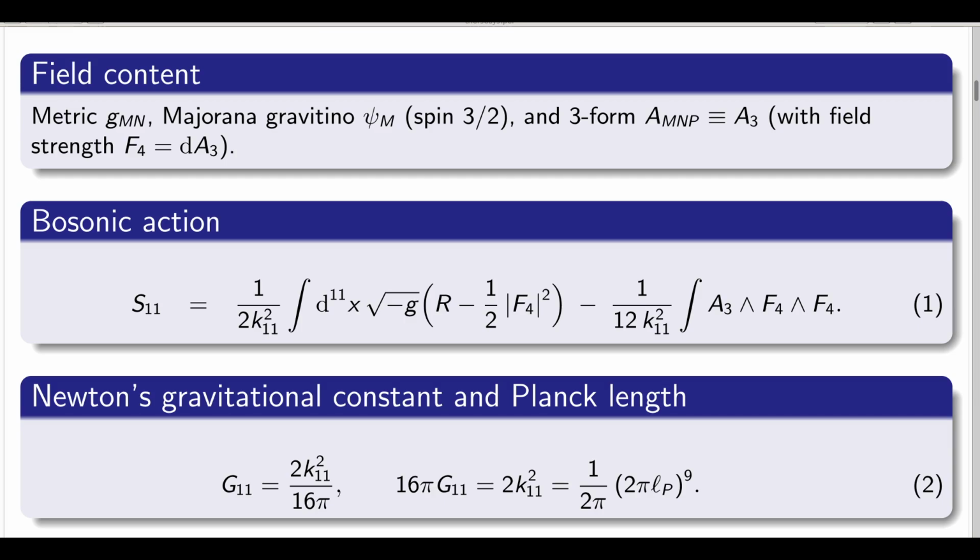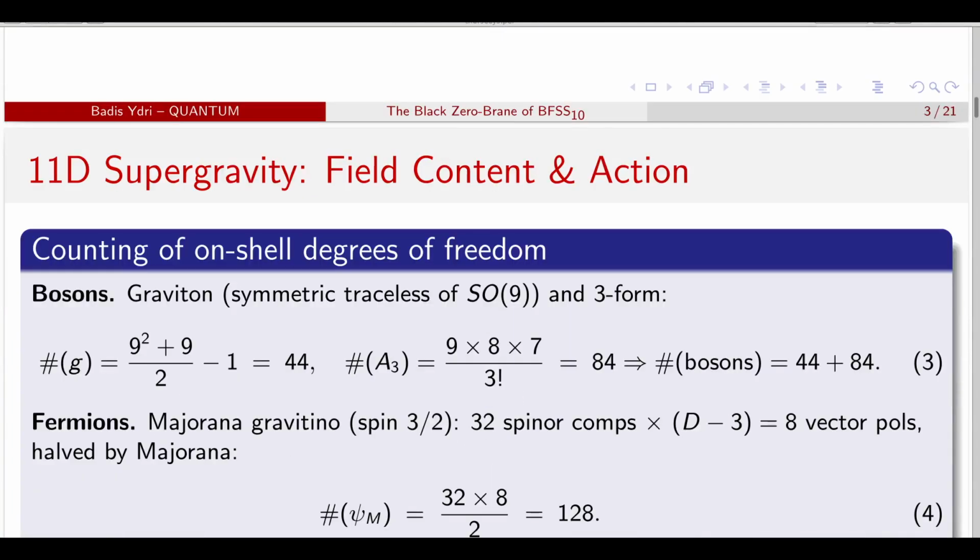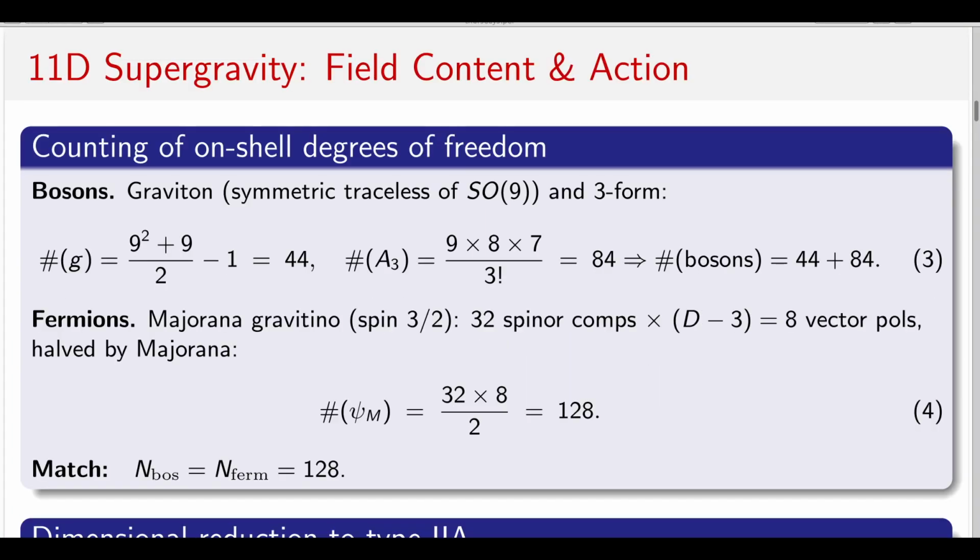Before compactifying, we confirm the supersymmetry balance by counting on-shell degrees of freedom. The graviton contributes 44 components, and the three-form A_MNP contributes 84, for a total of 128 bosonic degrees of freedom. The Majorana gravitino psi_M provides 128 fermionic degrees of freedom, showing an exact one-to-one match between bosons and fermions in 11 dimensions.